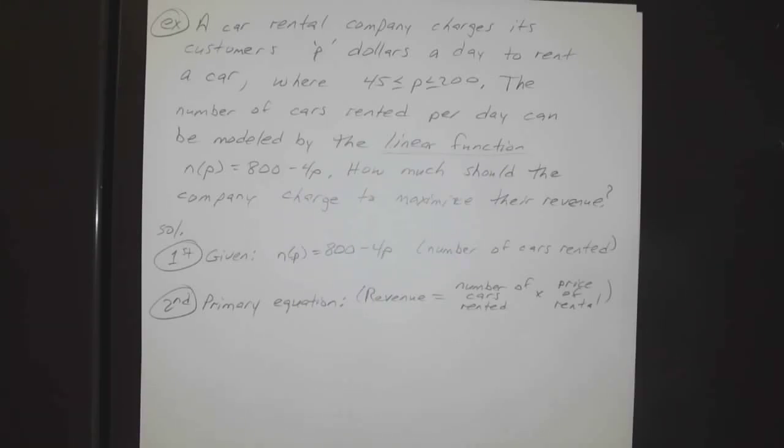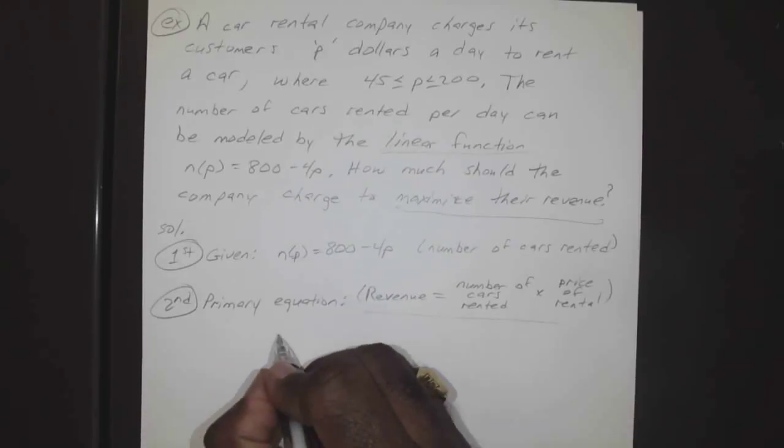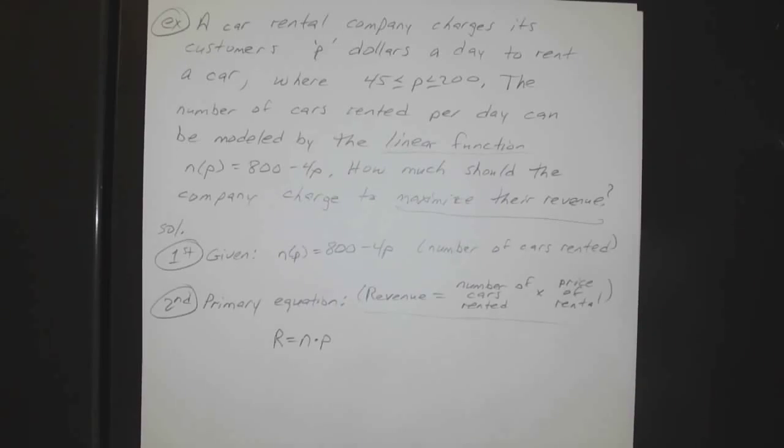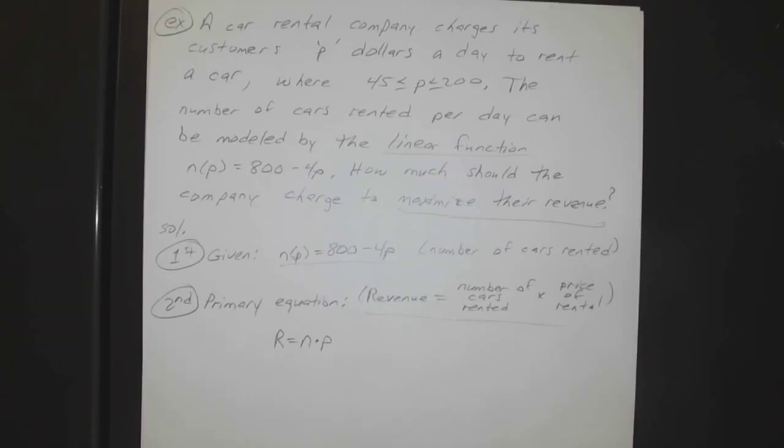Since you're trying to maximize your revenue, that's going to be your primary equation. So we can just reduce that to R equals N times P. But we already know that N is equal to 800 minus 4P, so we can make that into an equation with one independent variable.